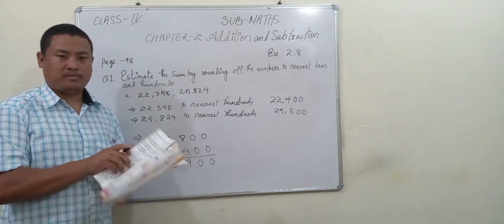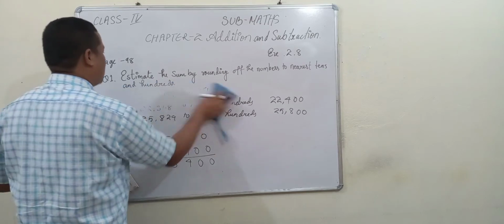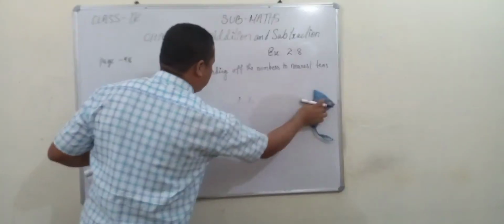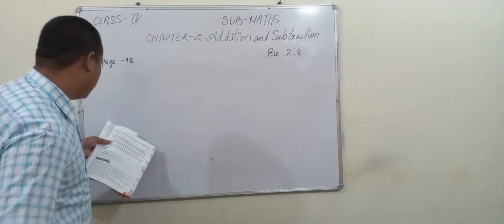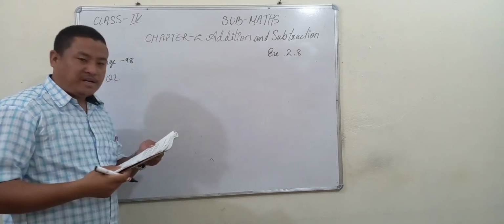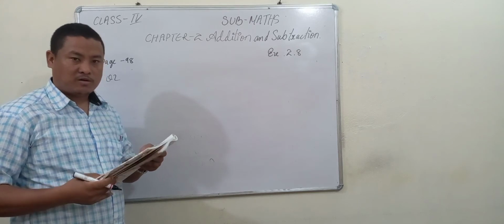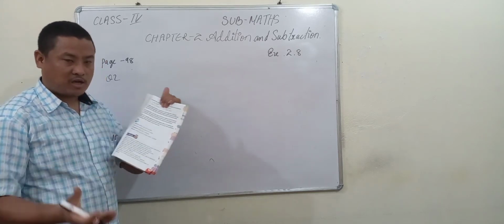Now come to question number 2. Estimate the difference by rounding off the number to the nearest thousand. Okay, now we have to convert only to the nearest thousand.